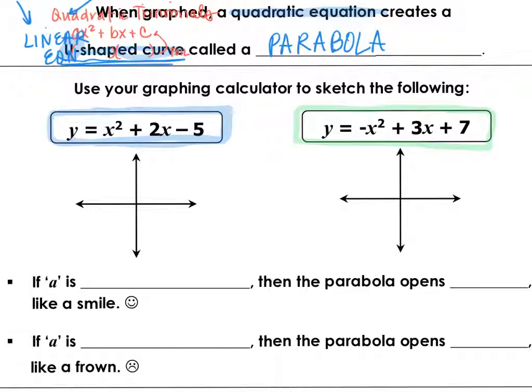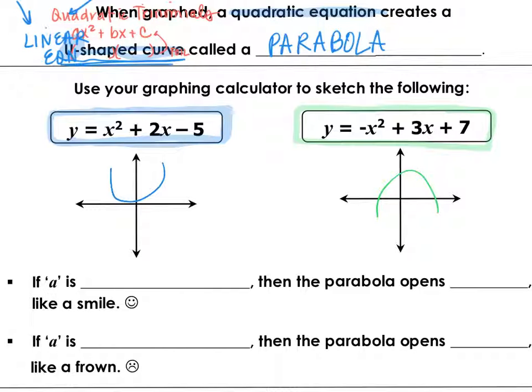So hopefully you paused the video and graphed each of these so that you can get the idea of what the graphs look like. You should have noticed that this particular quadratic graphs upwards and this particular quadratic graphs downwards. I'm not really putting them in the right spots, but hopefully you sketched a rough sketch of them.